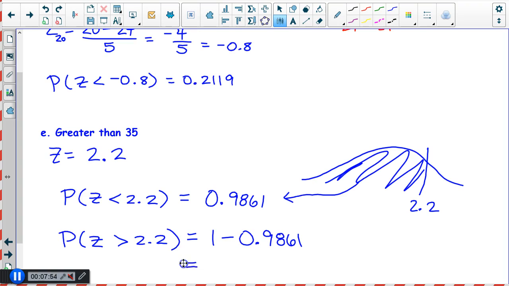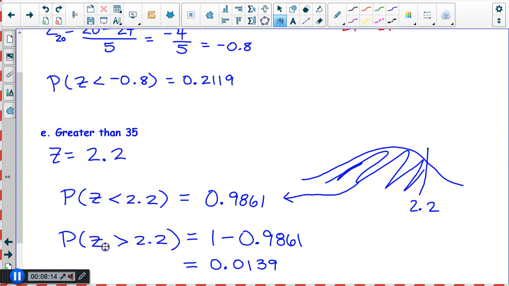And what did you get? I saw you had already done it. What did you get? 0.0139. Nicely done. Did you remember that from Algebra 2, or you just used deductive reasoning to figure that out? Good, nice. Okay, any questions on that?